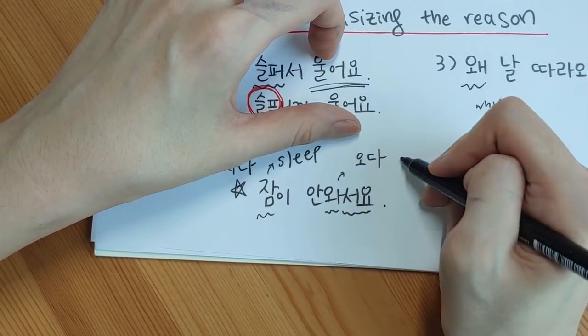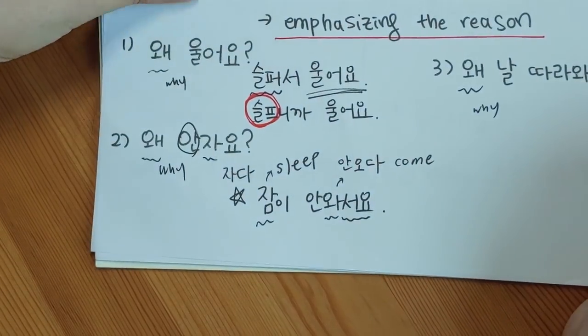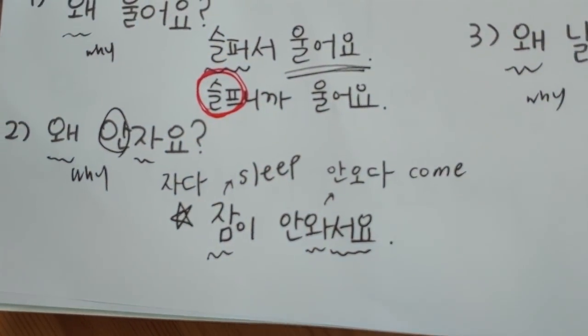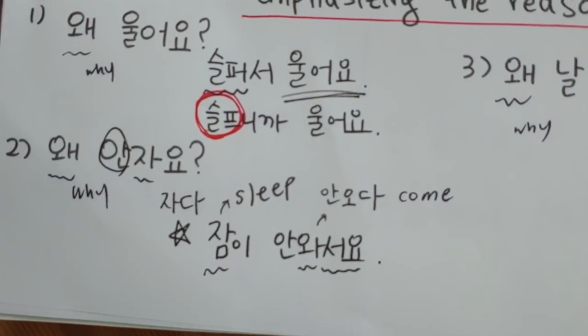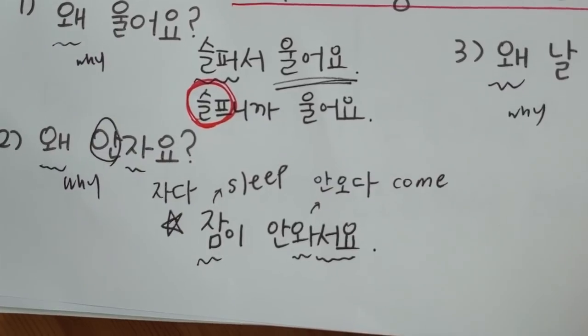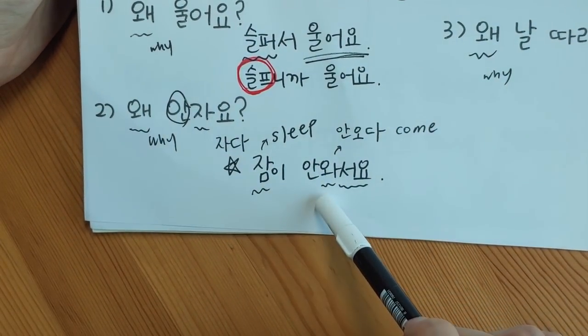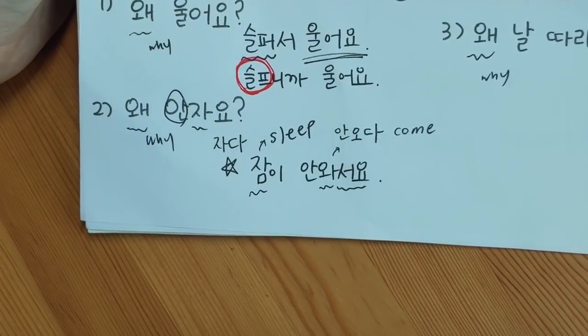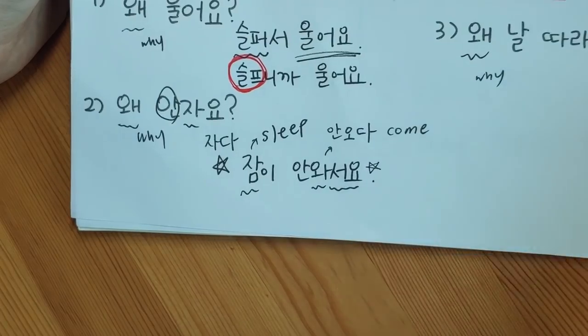So 오다 means to come, we learned, right? And 안 오다 means to not come. So 안 와 means sleep is not coming. We say 잠이 안 와 when we want to say we're not sleepy. Sleep is not coming to me. So this is an interesting expression that you can remember.